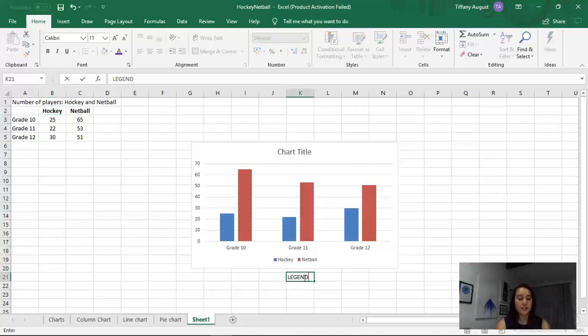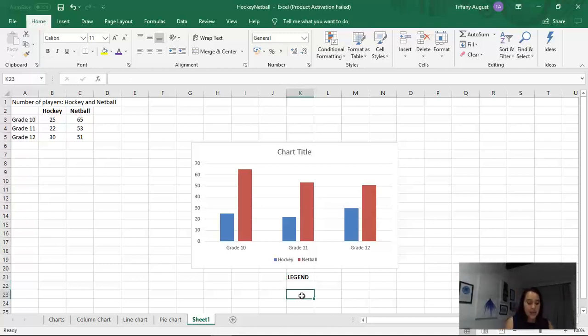Okay, legend is a key or sort of a guideline, and it gives us some information on what each box is representing. Okay, so if we look at all the blue boxes, according to our legend, all the blue boxes represent hockey. And if we look at our legend again, it will indicate that all the red boxes indicate netball, right? So that is our legend. It's our key. It gives us a guide as to what we are reading.